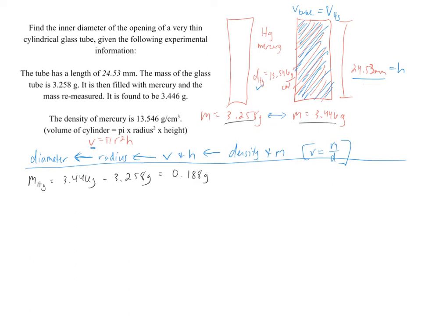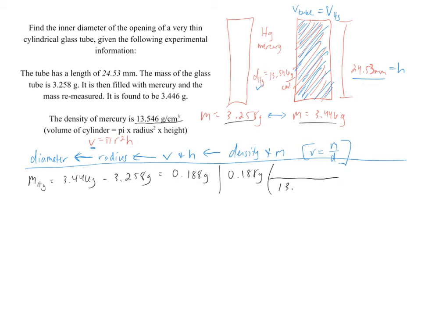But I'm going to do this dimensional analysis style. So I'm going to take 0.188 grams, and instead of dividing with a division sign, I want to show the units canceling by writing it like this. The density is 13.546 grams per cubic centimeter. So that number, 13.546, is tied to grams.